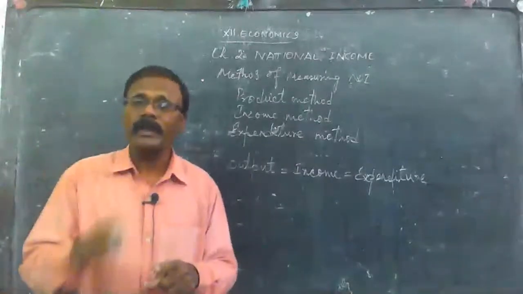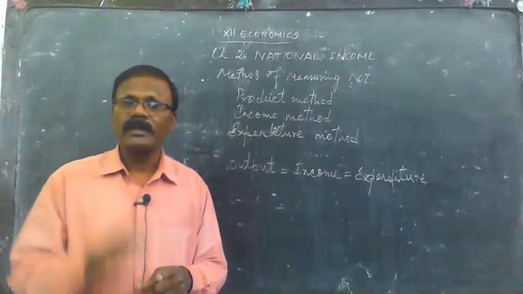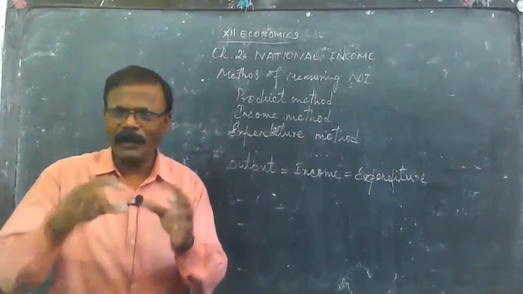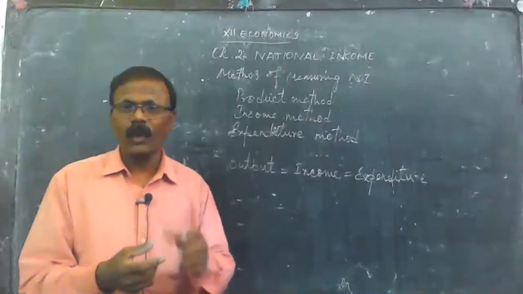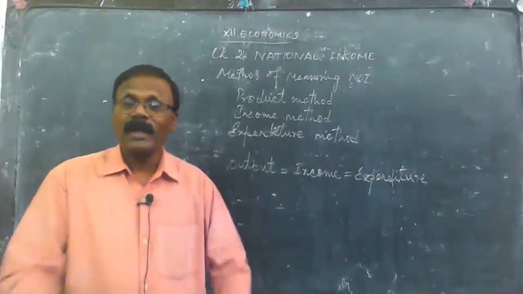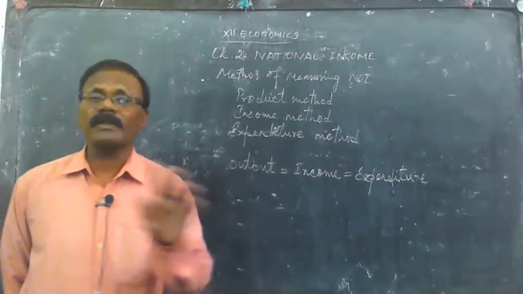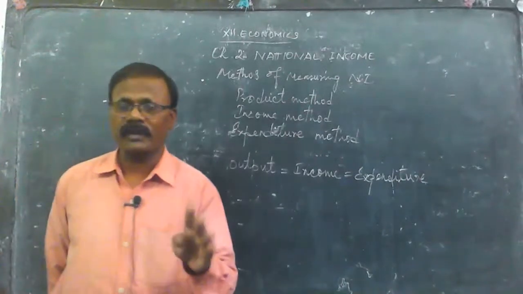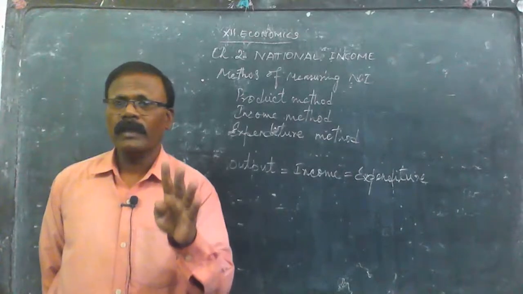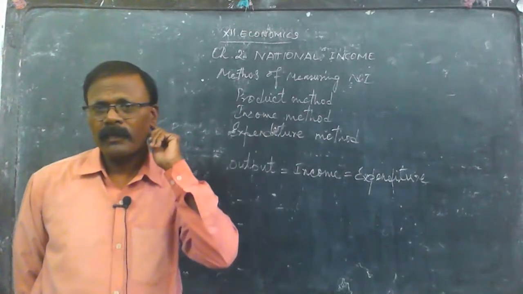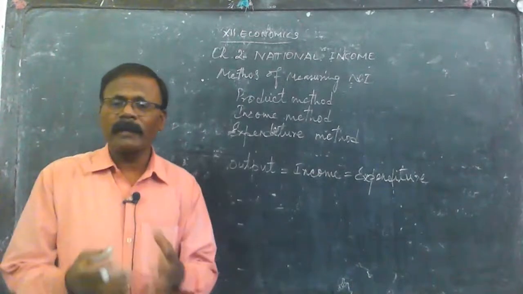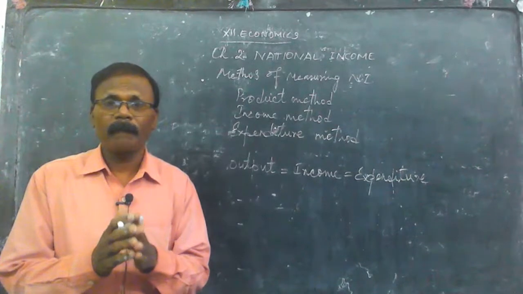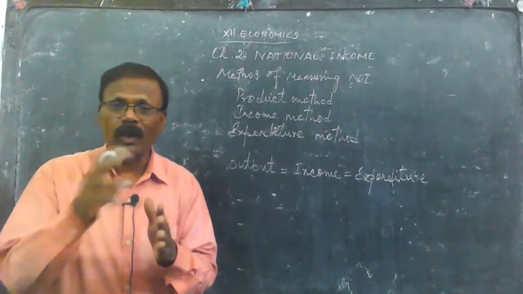These three methods are generally circular in nature. It begins as production through recruitment of factors of production. What are the factors of production? Land, labor, capital, and organization. These four are called factors of production. Now, while recruiting these four factors of production, they are related to one another.